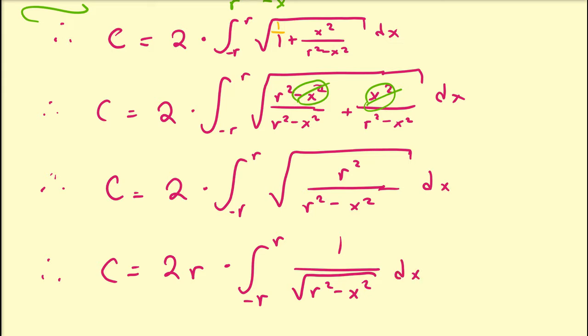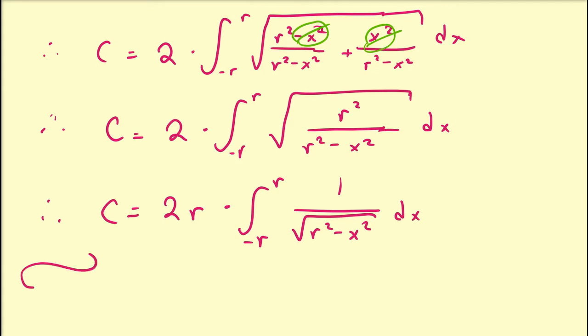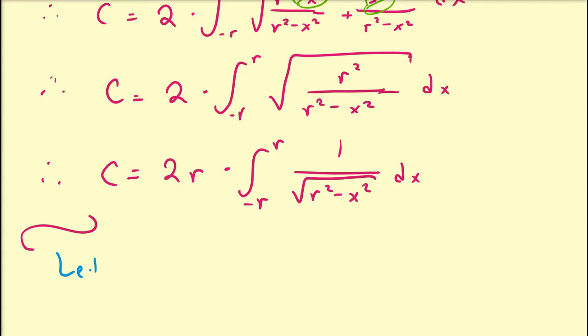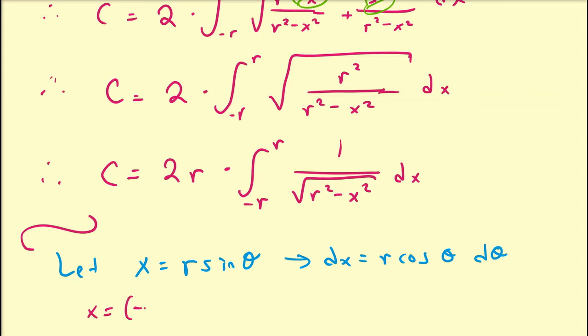And now comes the trig substitution that is similar to the area of a circle proof. So we're going to let x be equal to r sine theta, which is going to force dx to be equal to r cosine theta d theta. And once we have our limits, when x is equal to minus r to r, we can find that theta is going to go from minus pi over 2 to pi over 2, just by solving those equations for theta.